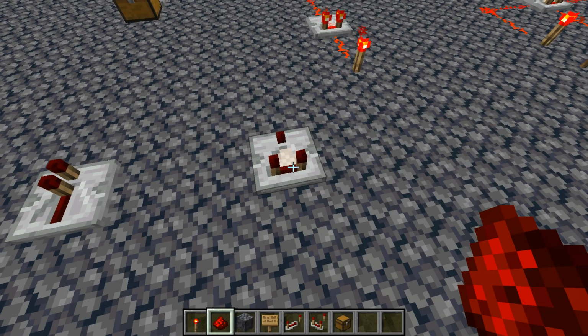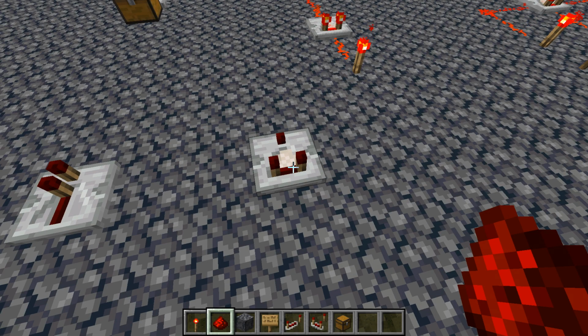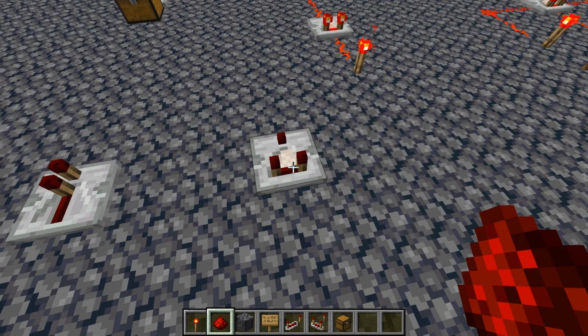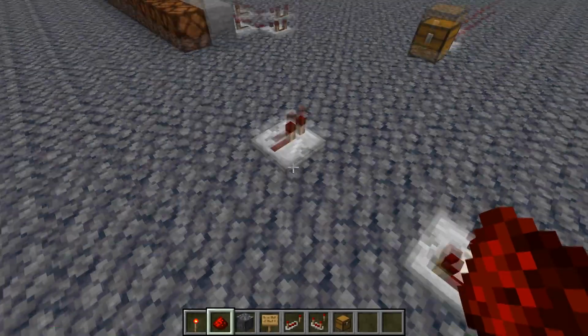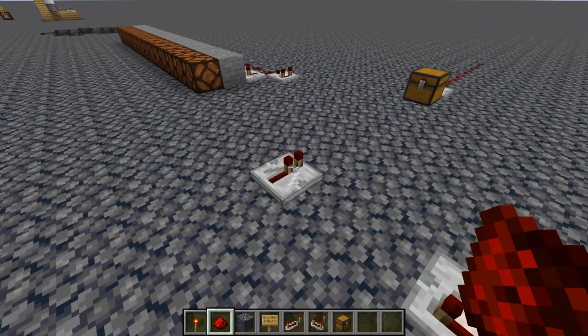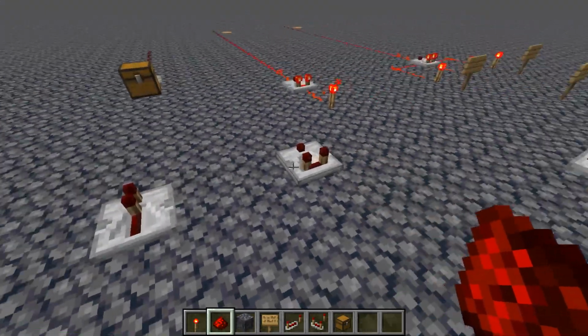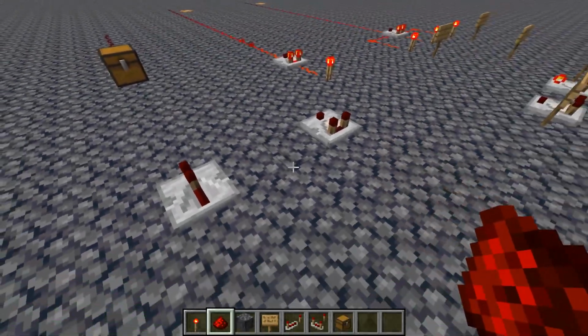Now, the first thing that you should be aware of is that a comparator, when you place it down, has directionality to it. That's pretty similar to redstone repeaters. As you can see, these are both facing in a particular direction.